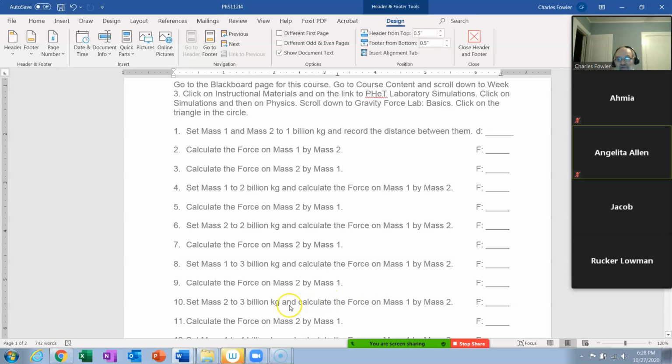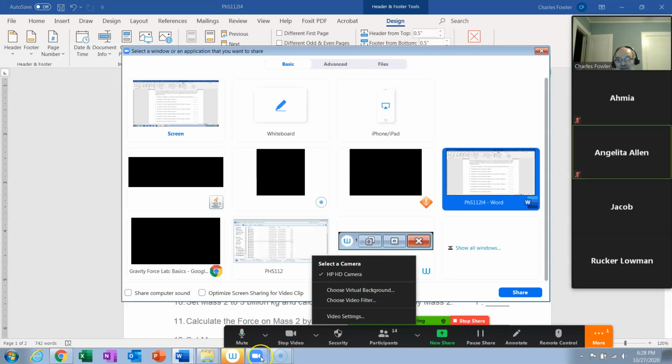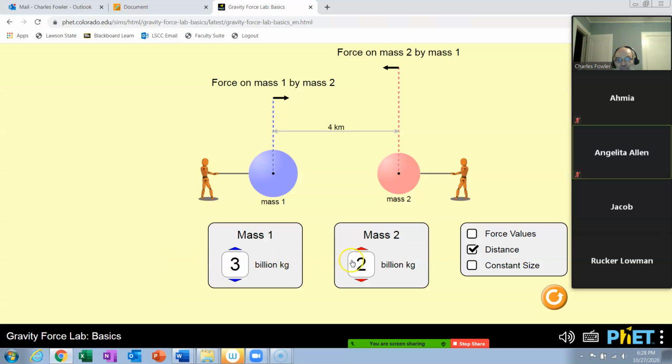Okay, so now let's set mass 2 to 3 billion kilograms. So let's go back to our Gravity Force Lab basics, and now we'll bump this one up to 3 billion kilograms. Wow. Okay.